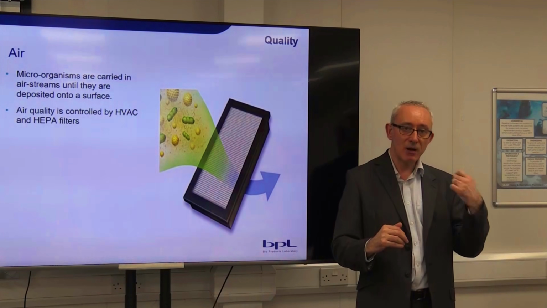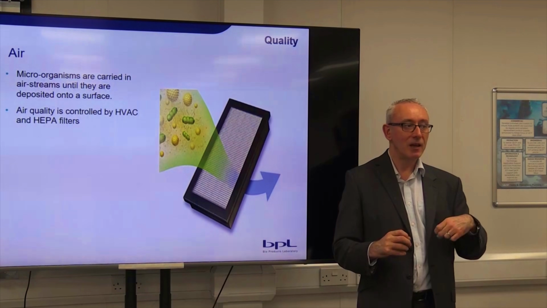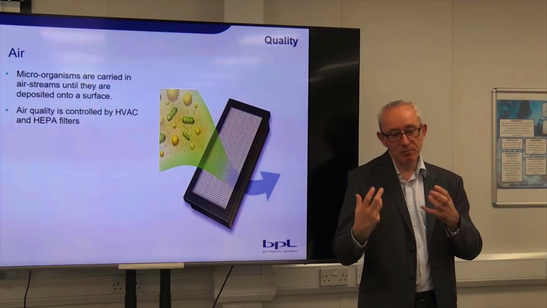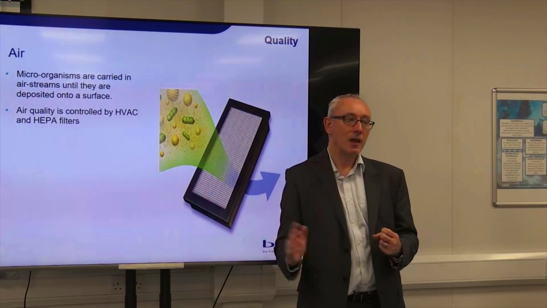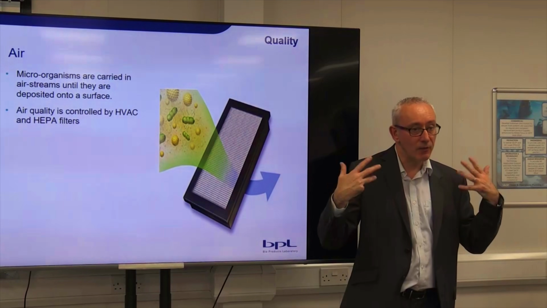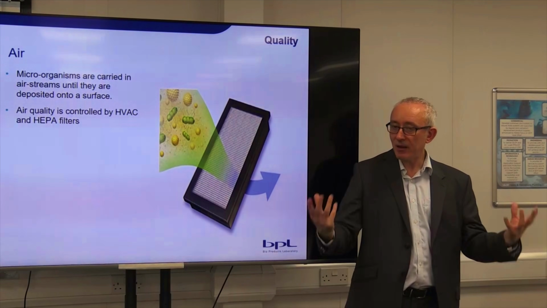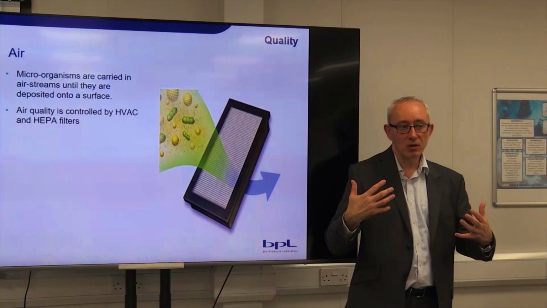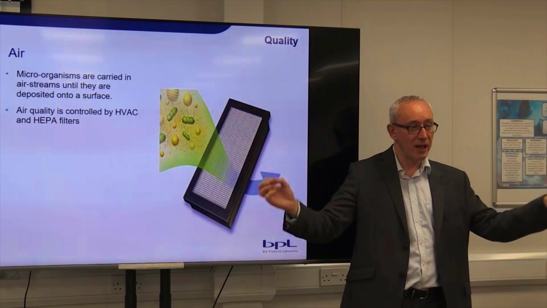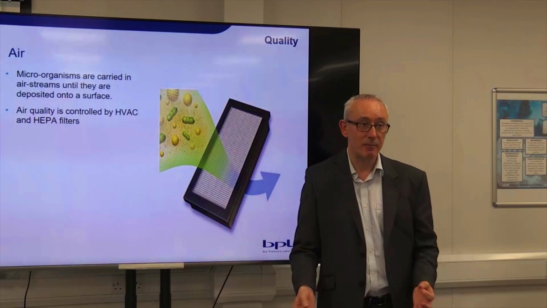It traps particles by interception, so it stops them getting through, which means that the air entering the clean room is of a low particulate level. And then we design the clean room so that the air is in constant motion, which helps to stop particles falling out of the air and potentially contaminating.